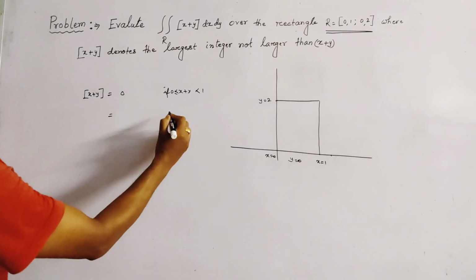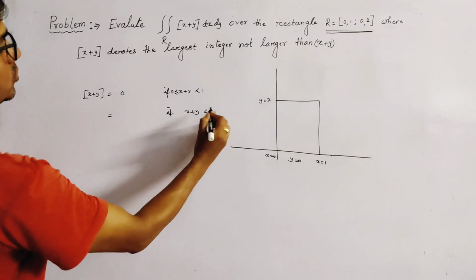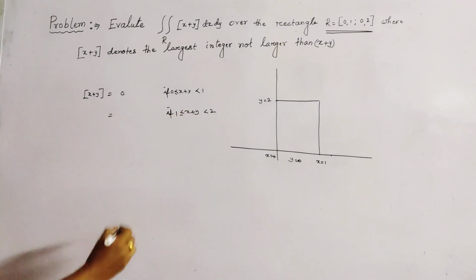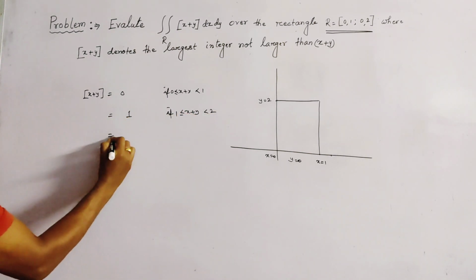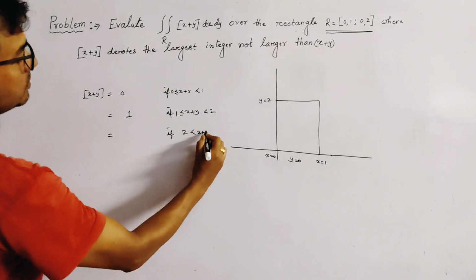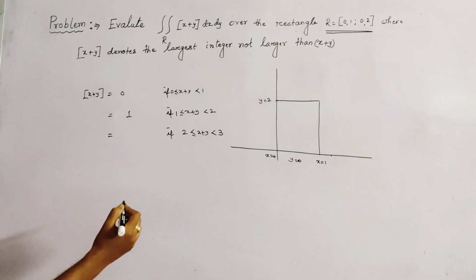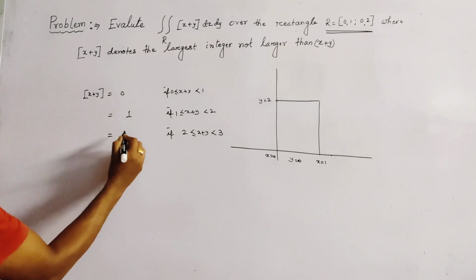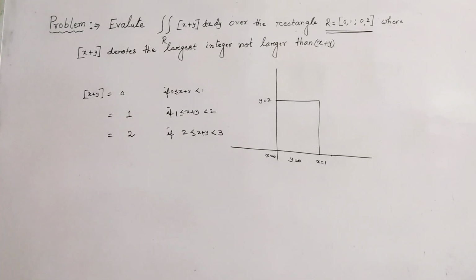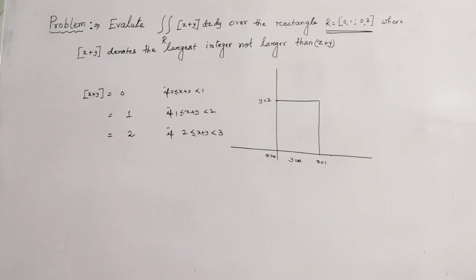In the second case, if x plus y is less than 2 and greater than or equal to 1, then this is 1, and in the third case, if x plus y is between 2 and 3, then this is 2. This is the value of [x + y].